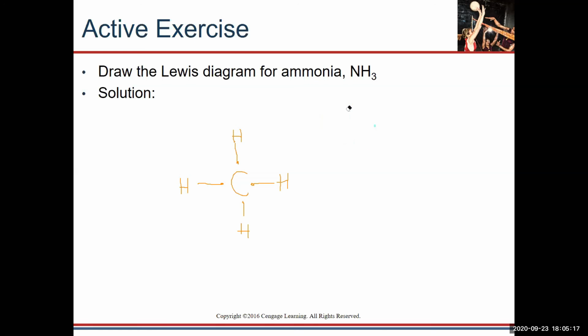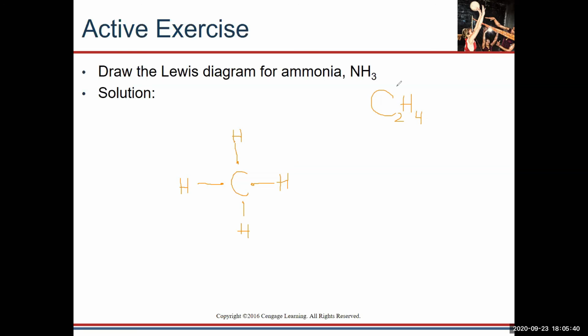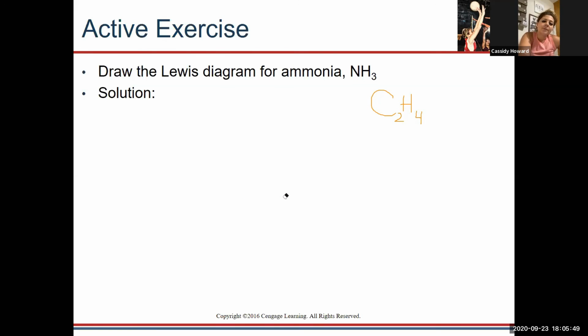Okay, so let's do something a little more challenging because we want to give you some experience, right? So what if I have something like this? Would you write the carbons next to each other?